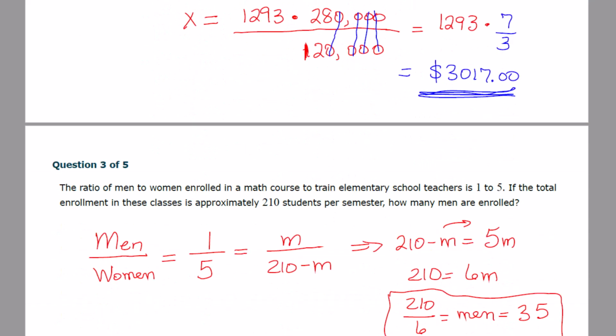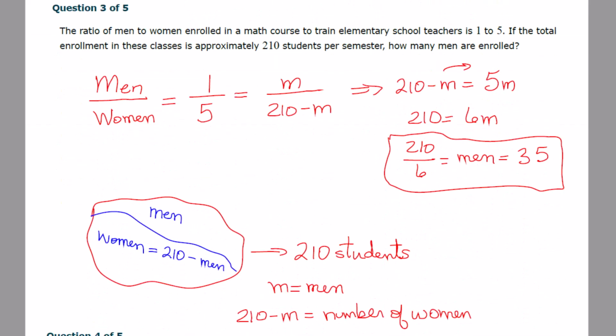All right, question 3. In question 3, I have the ratio of men to women in a math class is supposed to be 1 to 5. So I've got that. Men to women is 1 to 5. But I know more.